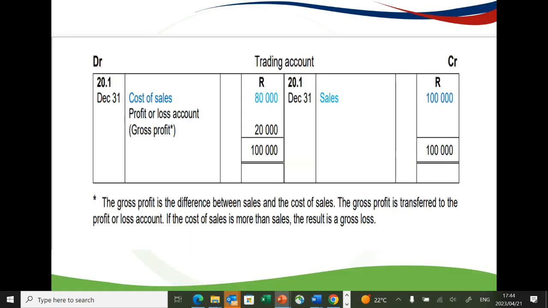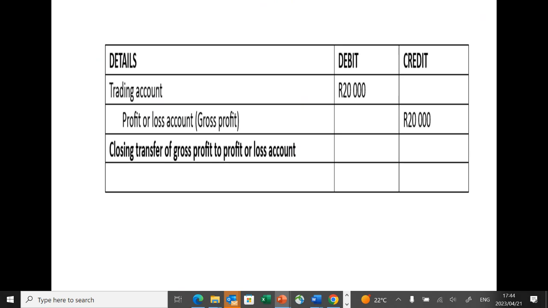So in our steps earlier, we said the first step is that net sales and cost of sales need to be closed off to your trading account. Step number 2, we said the trading account is a temporary account. It also needs to be closed off to your profit or loss account.